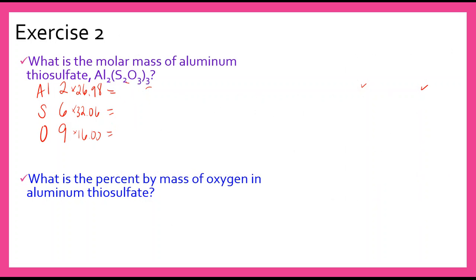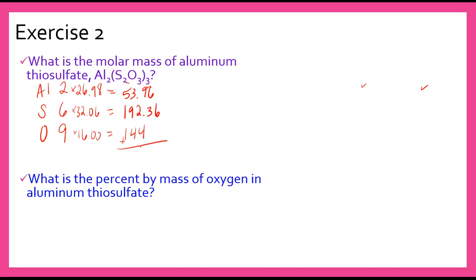So we get 26.98 times 2 is 53.96. 6 times 32.06 is 192.36, and 9 times 16 is 144.